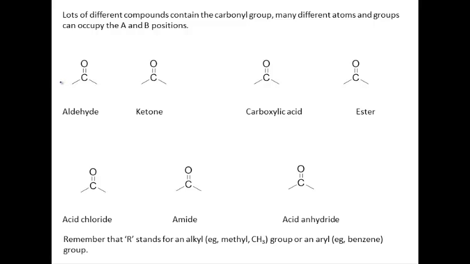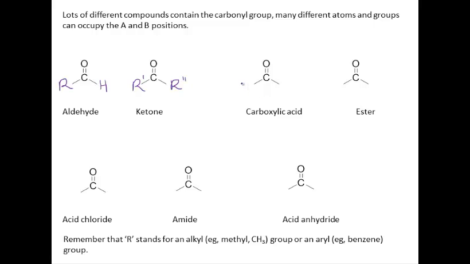So if we look at aldehydes, we have an R group, and then our C double bond O, and then we have a H as the other atom. With a ketone, on both sides of the carbonyl group are R groups, but these could be different groups or the same group.